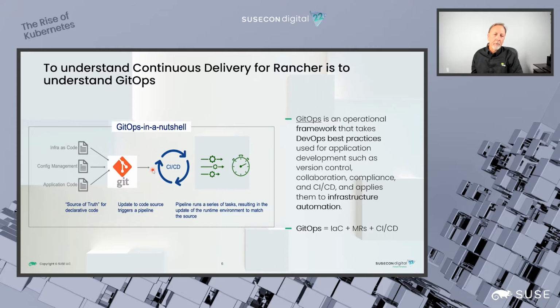And so the pipeline runs a series of tasks that then result in that update of the runtime environment, and that gets deployed out to whatever my target system is. So I'm actually taking advantage of both the application delivery and infrastructure management and modifications all in one fell swoop.